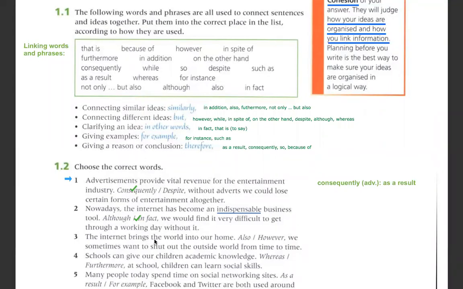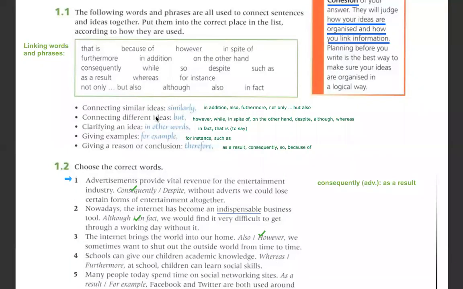The first one is bringing the world into your home. The second one is shutting the world out of your home. So these are different ideas. Okay. Number 4.